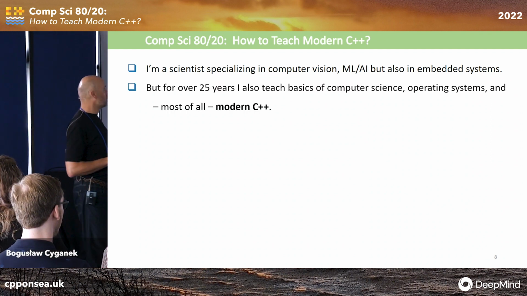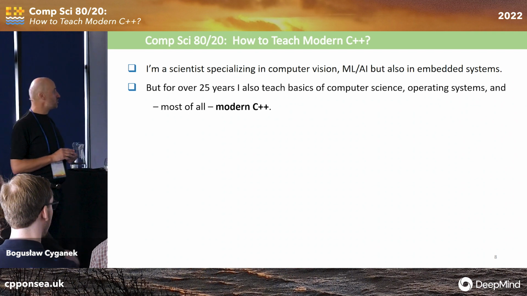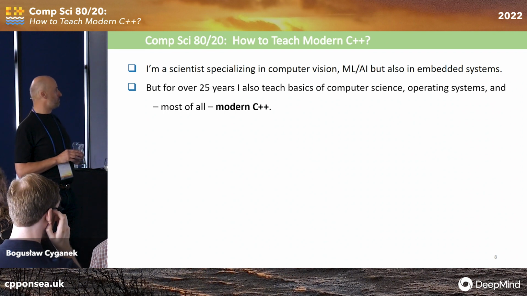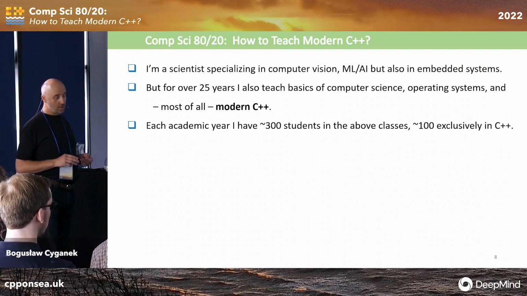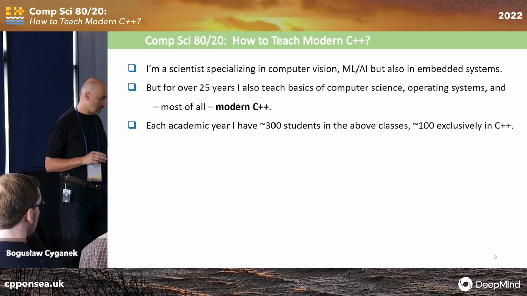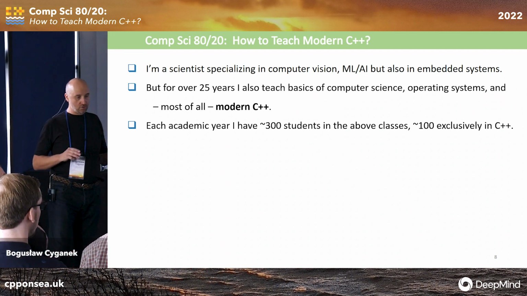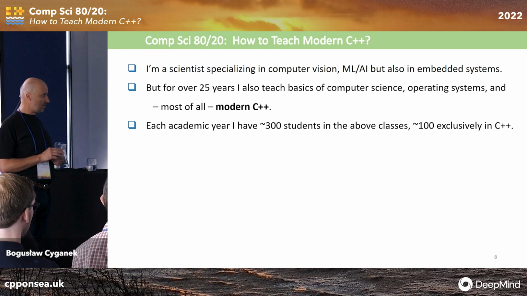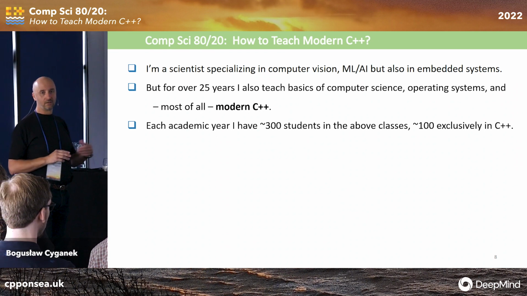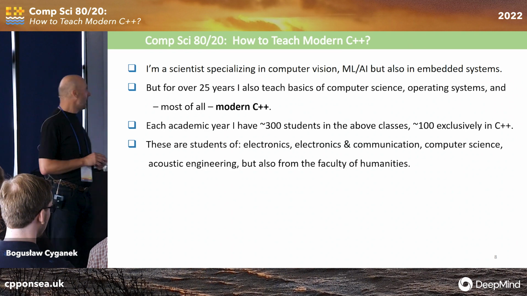But I also have more than 25 years of experience in teaching different aspects of computer science, but mostly modern C++. Each year I have hundreds of students, but about 100 I teach with my group of cooperators, something like 100 people. So this is a lot if you multiply by 25 years.